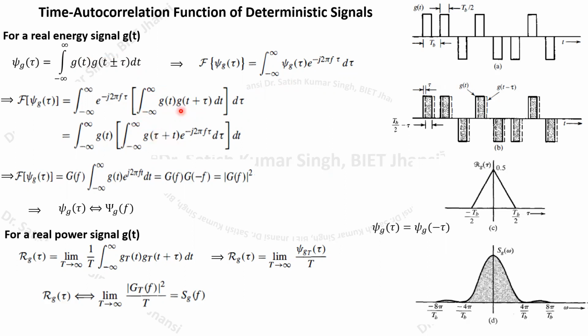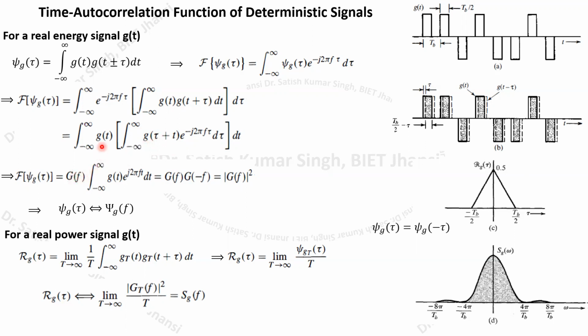So I have taken out this g t outside this integration, and I have taken this particular function inside this integration, okay. So it is now g tau plus t, and e to the power minus j 2 pi f tau d tau, and then you can write the Fourier transform for this particular expression, right? So if you write this Fourier transform, you will be able to get this as G f, okay, this Fourier transform for g will be equal to G f.